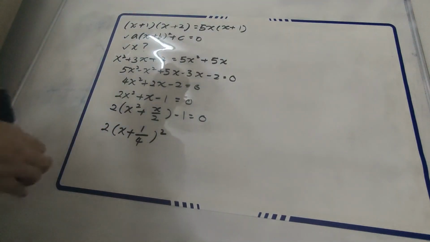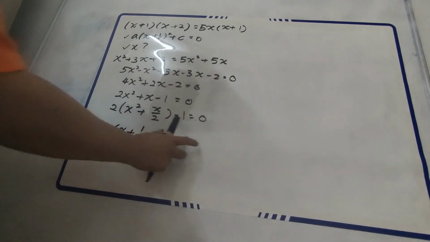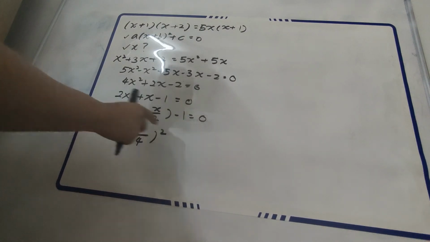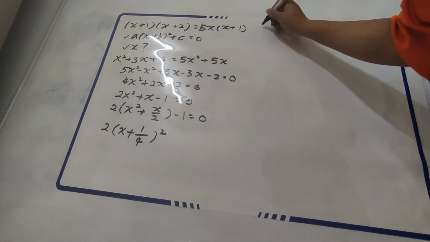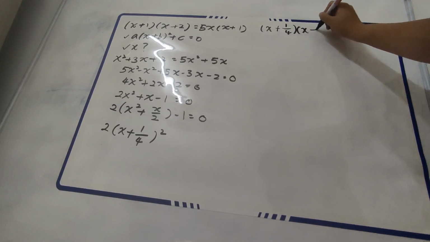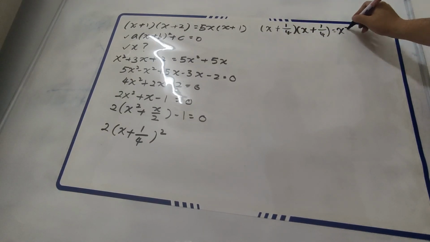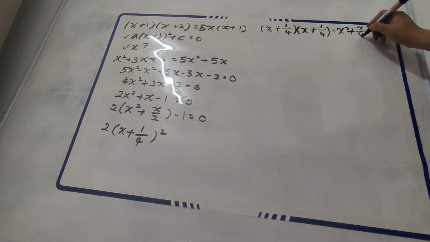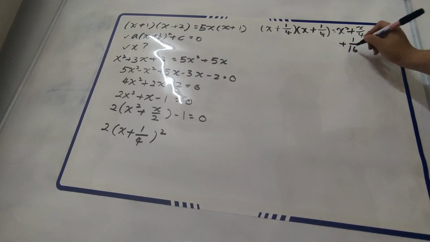square. Because you see, if you do it this way, you multiply x plus quarter times x plus quarter. Okay, I put it this way. You can see x plus quarter times x plus quarter, then you will get what? x squared plus quarter x plus quarter x plus 1 over 16.